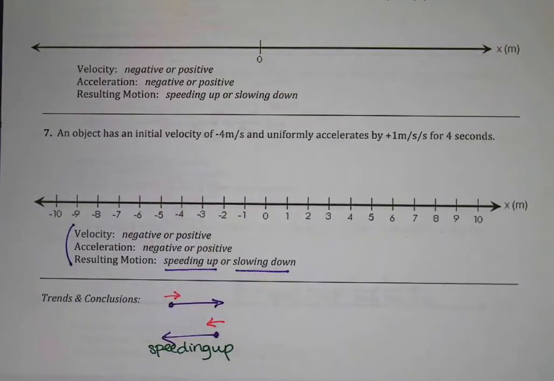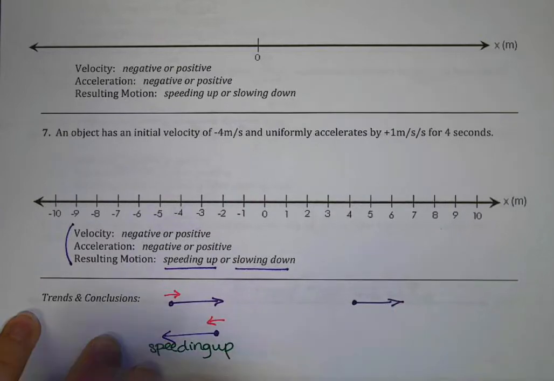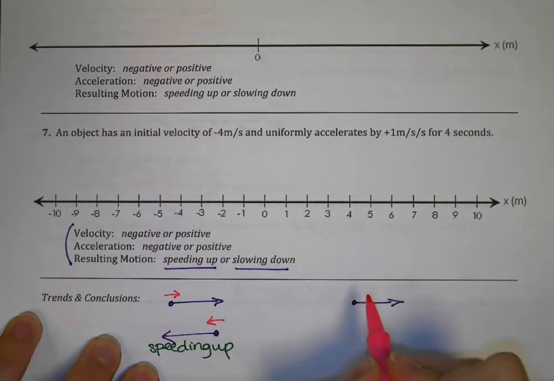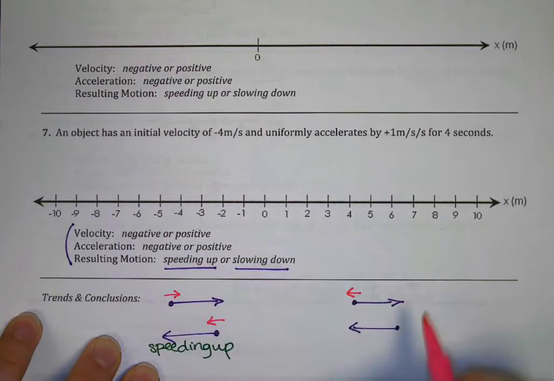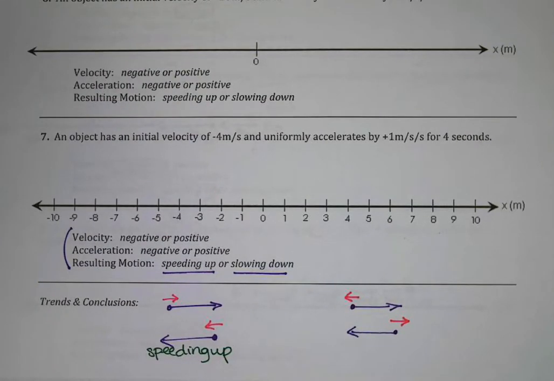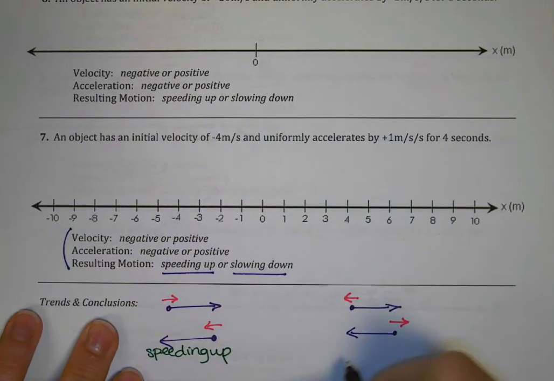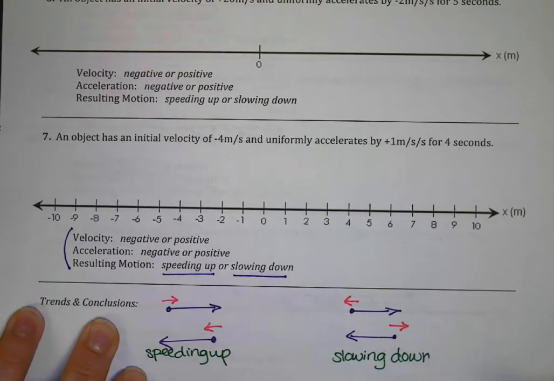The flip side tells us that if I have an object traveling in the positive direction but accelerating in the negative direction, or an object traveling in the negative direction and accelerating in the positive direction, so therefore my direction of acceleration and direction of speed or velocity are opposite, the object will be slowing down.